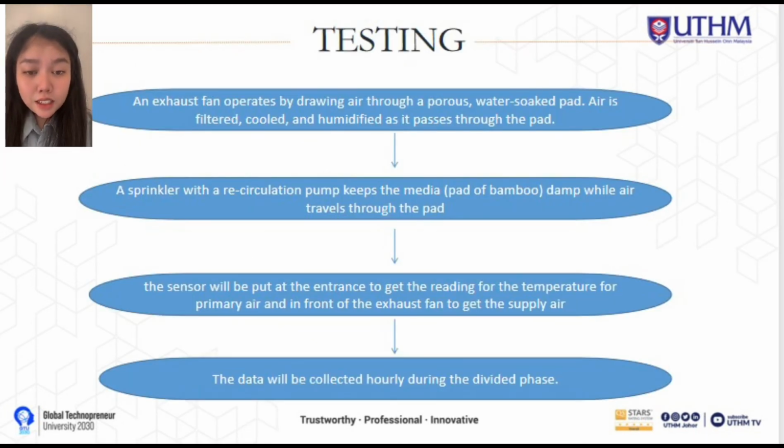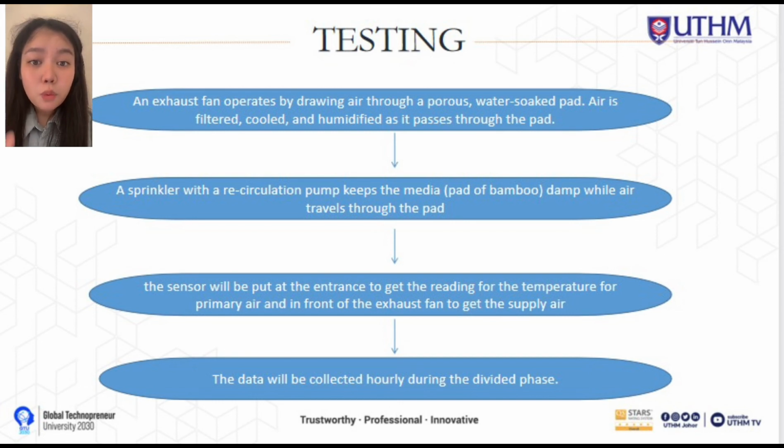And then next is for the testing. As the water absorbs the air heat, it evaporates and cools the atmosphere. In direct evaporative cooling, the dry bulb temperature is reduced while the wet bulb temperature remains maintained. An exhaust fan operates by drawing air through a porous water-soaked pad, and the air is filtered, cooled, and humidified as it passes through the pad.